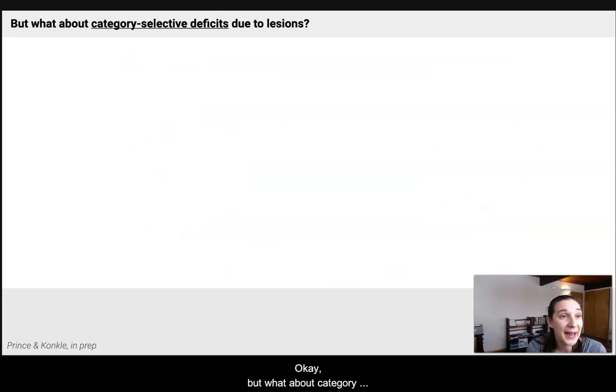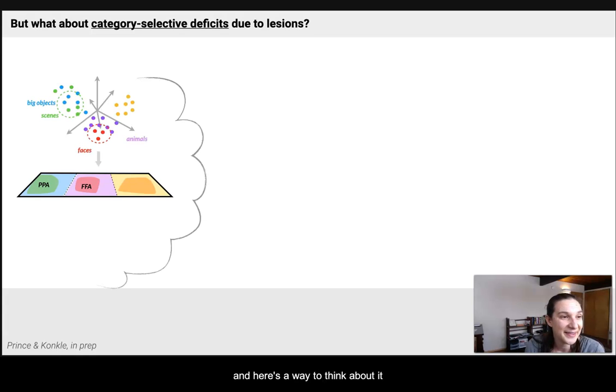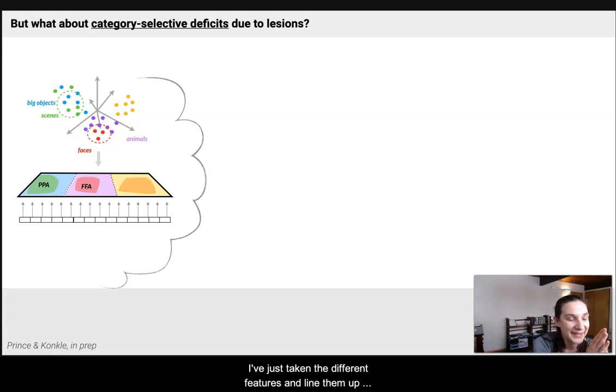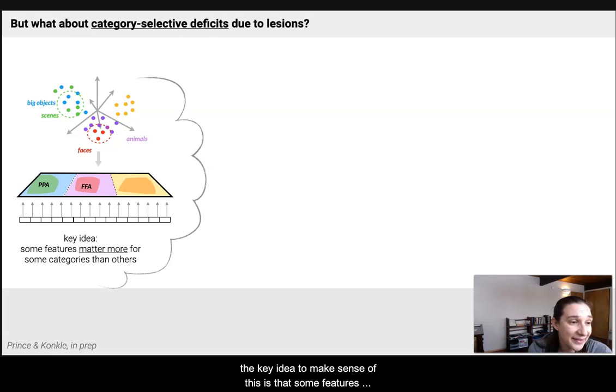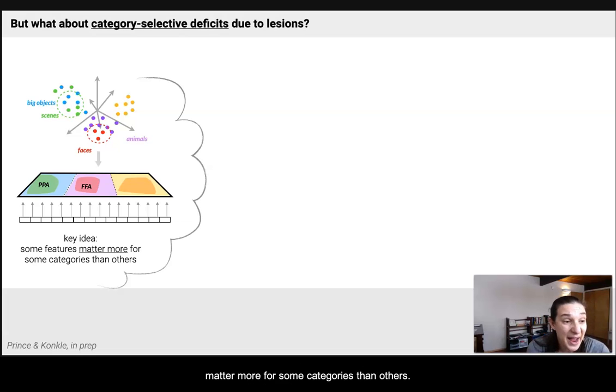Okay, but what about category selective deficits due to lesions? That's one of the hallmark signatures of category selective regions. And here's a way to think about it. If we take this integrated feature space, I've just taken the different features and lined them up along the cortex. The key idea to make sense of this is that some features matter more for some categories than others. Makes sense?